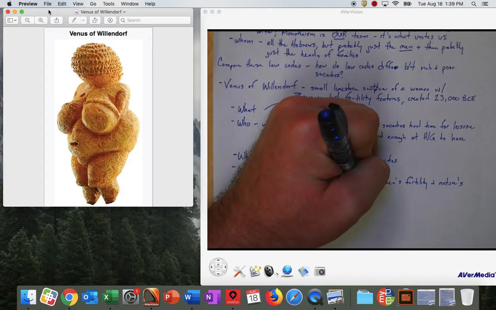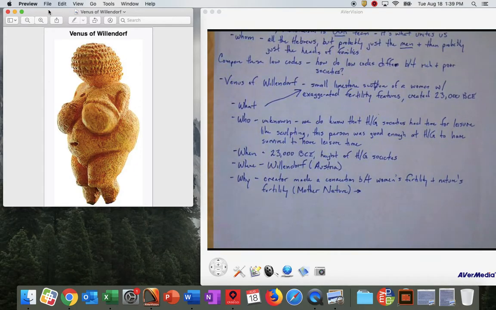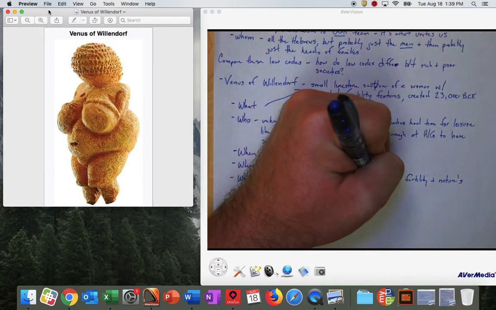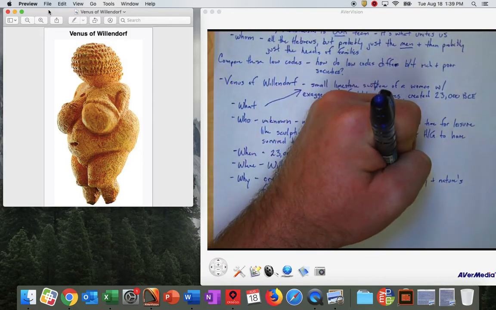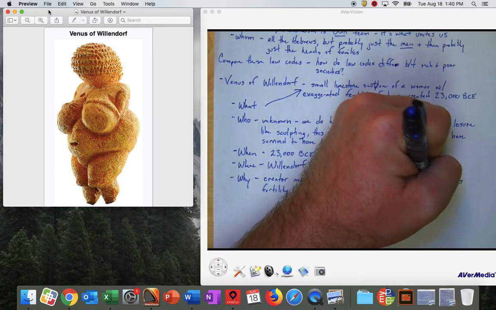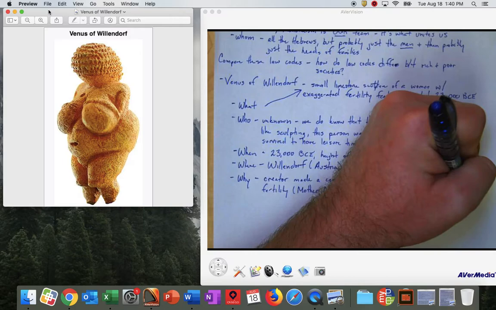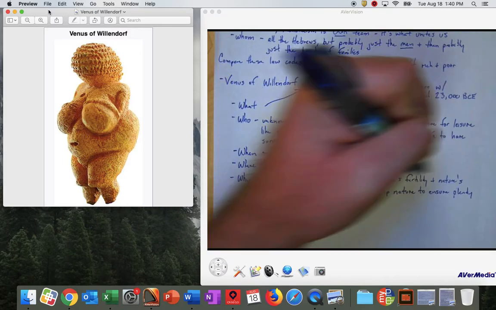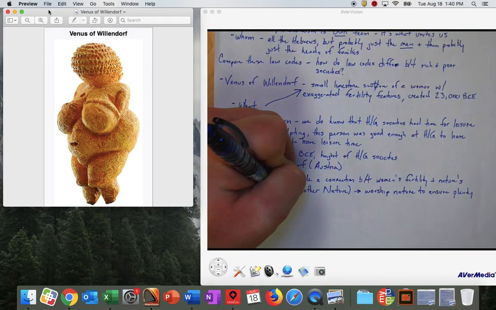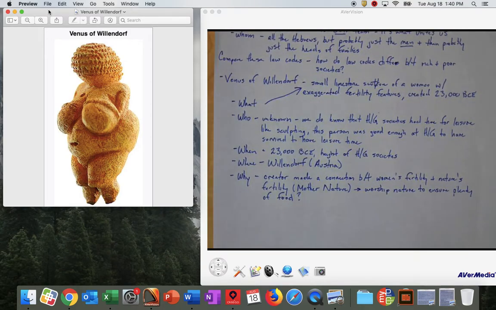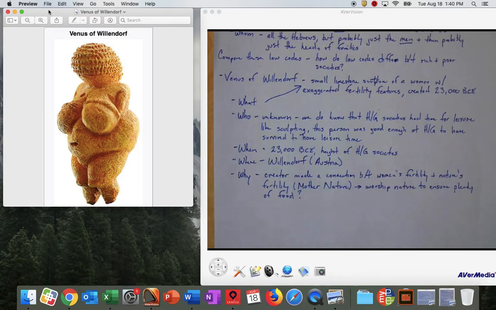And maybe taking that idea further, started to worship nature to ensure plenty of food. Again, we're just looking for plausible purposes. That makes sense. So that's what we're going for. It's not the only plausible thing, but that's a plausible reason.